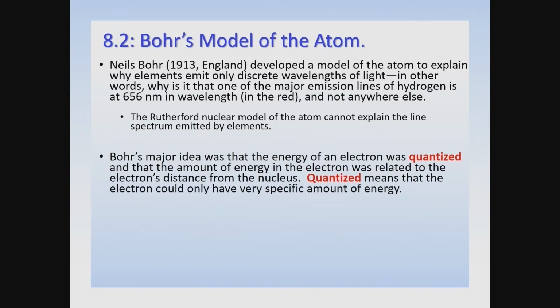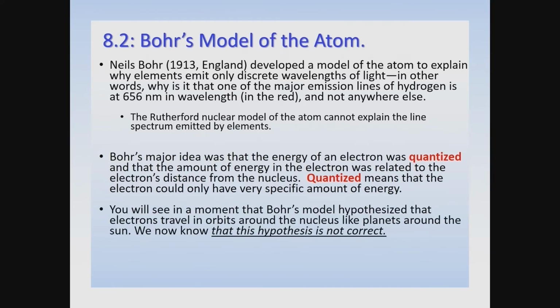It can't be at any old distance. And because of that, Bohr said that that electron, because it can only be certain distances away from the nucleus, will have very specific energies in those locations. And he said that the electron location and the energy in hydrogen was said to be quantized.